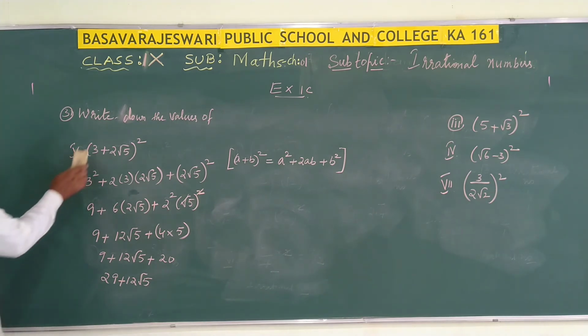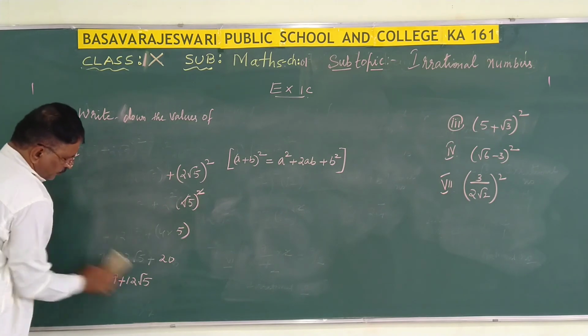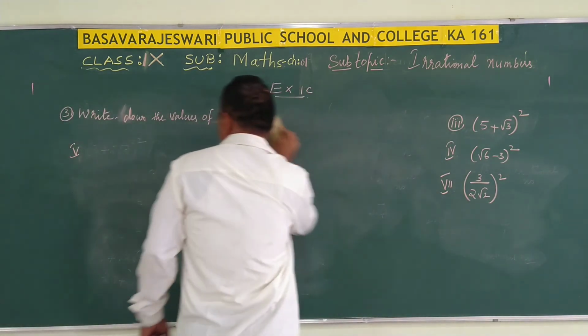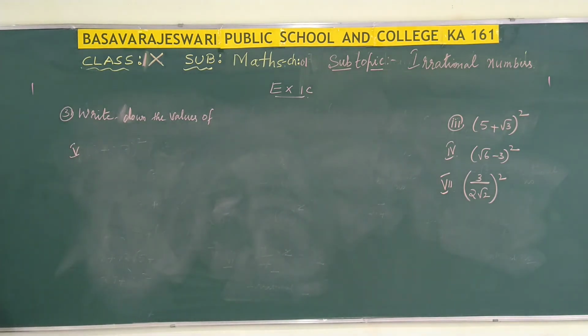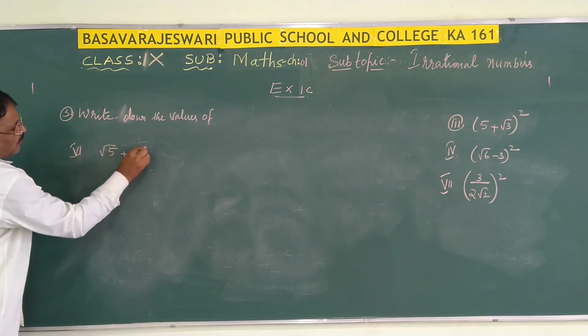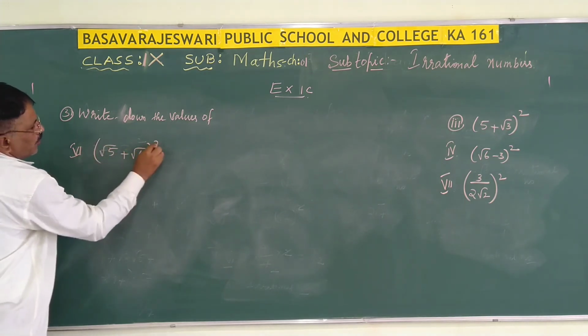Next, one more question. That is the sixth one: root 5 plus root 6 whole square.